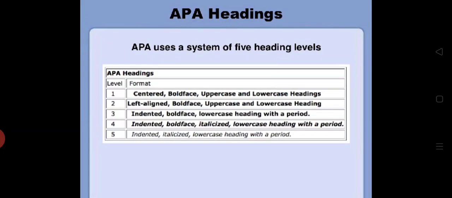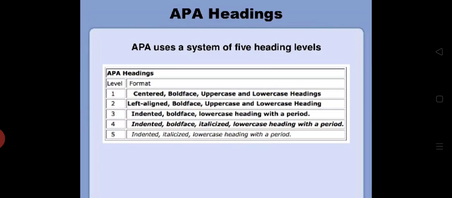Level 3 headings are indented, boldface, lowercase headings with a period. The 4th level heading is also indented. It is also boldface, but it is italicized, and it is written in a lowercase heading with a period.